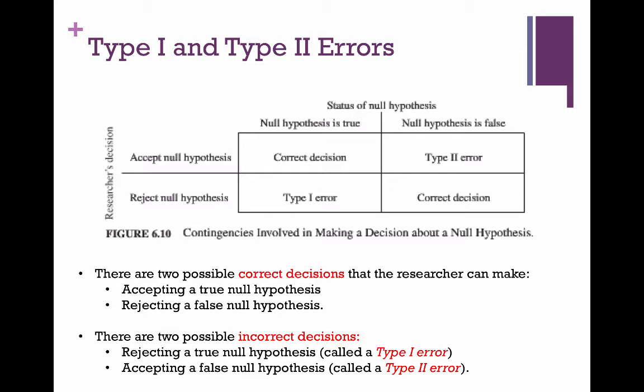The researcher can accept a true null hypothesis or reject a false null hypothesis. But then there are also two possible incorrect decisions. They can reject a true null hypothesis, that's called a type 1 error, or they can accept a false null hypothesis, which would be a type 2 error.